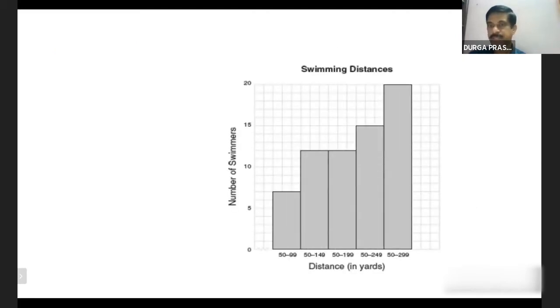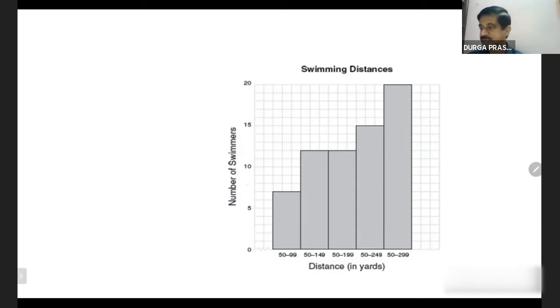Right, children. Let us go to the next question. There is another graph given here, a histogram. If you look at this, 50 to 99, 50 to 149, 50 to 199, 50 to 249, 50 to 299. This is the distance in yards.